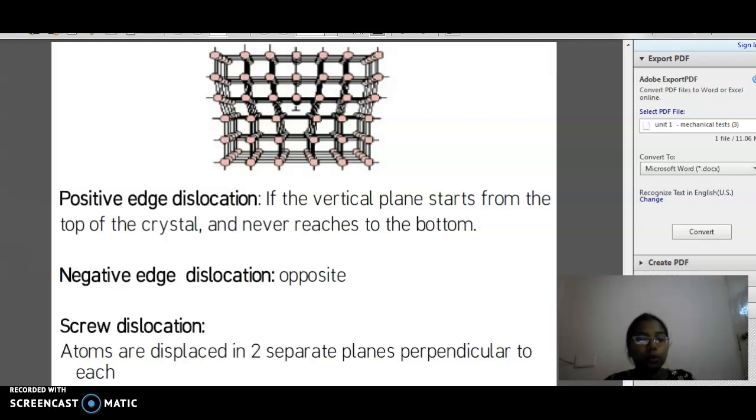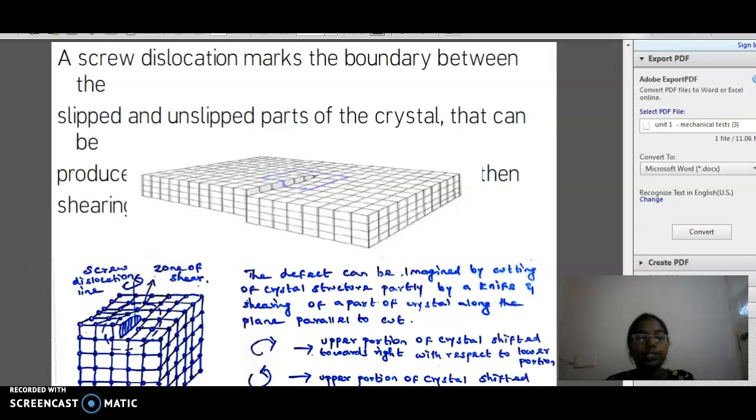Coming to screw dislocation, atoms are displaced in two separate planes perpendicular to each other. A screw dislocation marks the boundary between the slipped and unslipped parts of the crystal. The defect can be imagined by cutting the crystal structure partly with a knife and shearing a part of the crystal along a plane parallel to the cut.